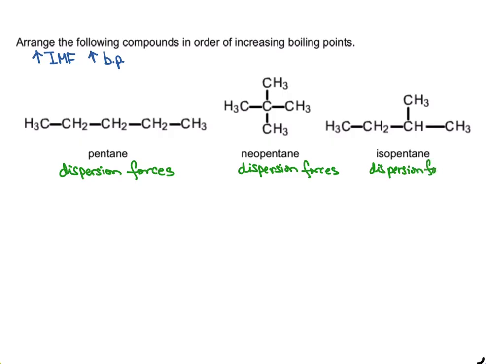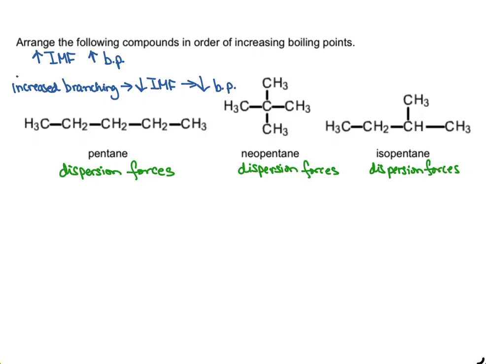So all three molecules are tied up in the type of intermolecular forces. So the next thing I want to look at is maybe the way they're branched out. Increased branching leads to a lower IMF, and a lower IMF leads to a lower boiling point.